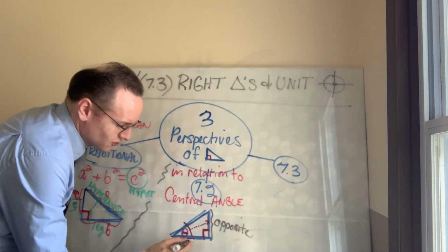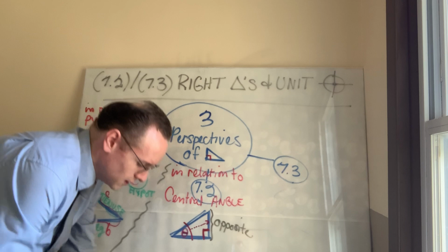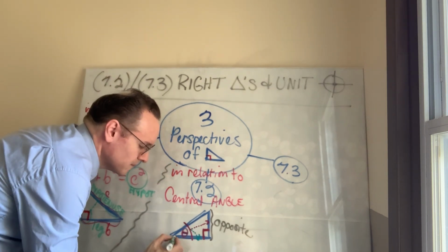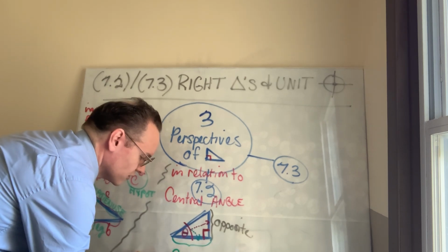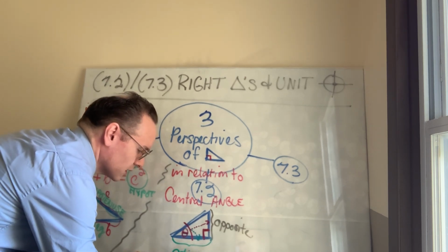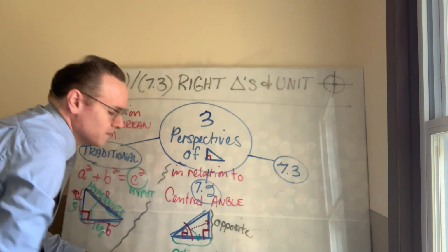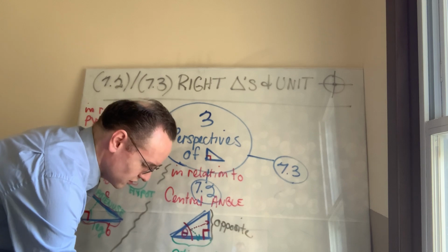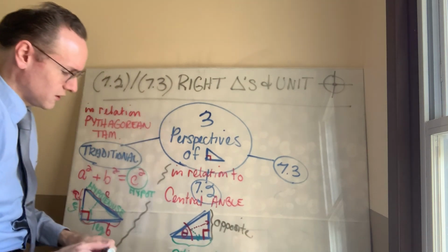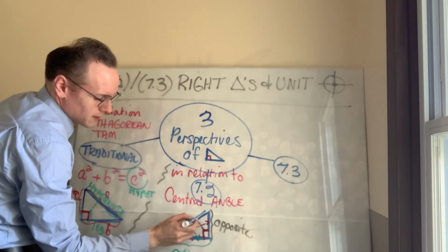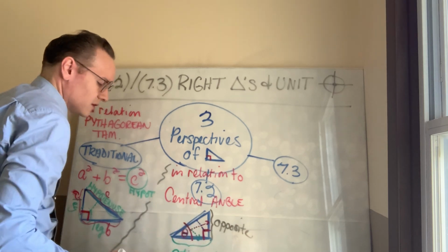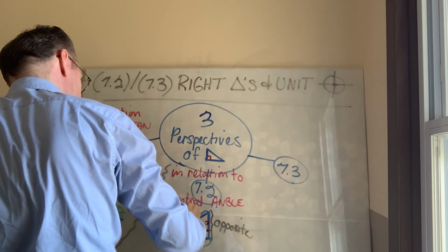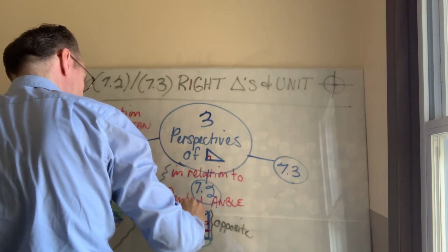Right? The side that is immediately adjacent to it here is referred to as adjacent. Kind of giving away the score here. Adjacent as in next to. One thing that is consistently true is the side that is across from the box in the corner is still the hypotenuse. Again, that is always non-negotiable.